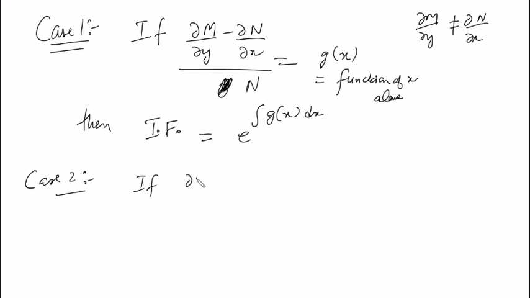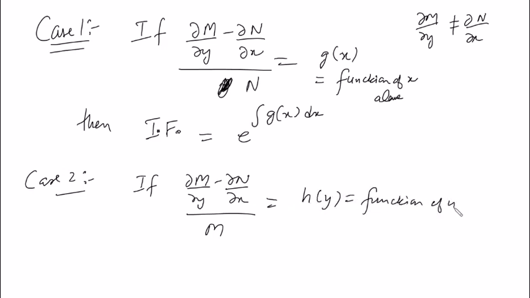The next case is if (del M by del y minus del N by del x) divided by M is a function of y alone, उसमें x नहीं है. In that case, your integrating factor is e raised to the power minus integral h(y) dy.